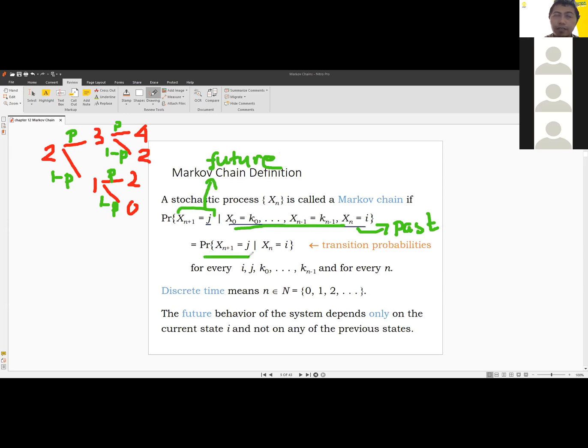This is the second statement: the probability that X n+1, the future condition, is G, given the current condition Xn, where n means the day, equals I. This is the transition probability.